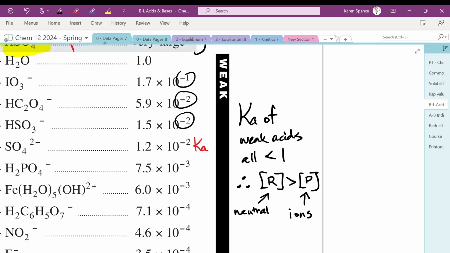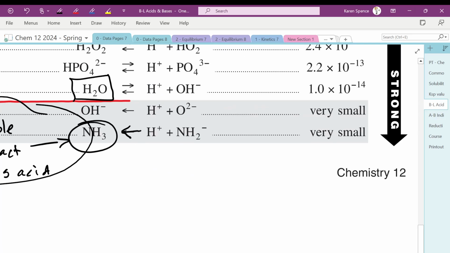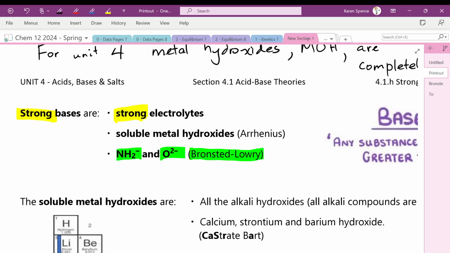They are on the bottom right of the table. Those are your two Bronsted-Lowry strong bases. But for the most part, all Arrhenius bases are strong.